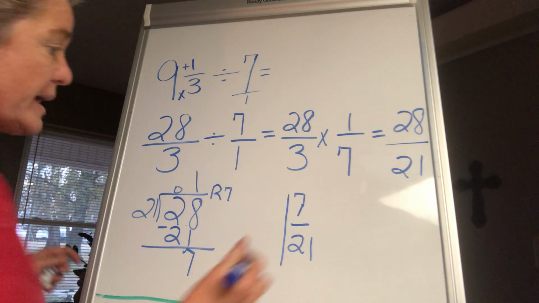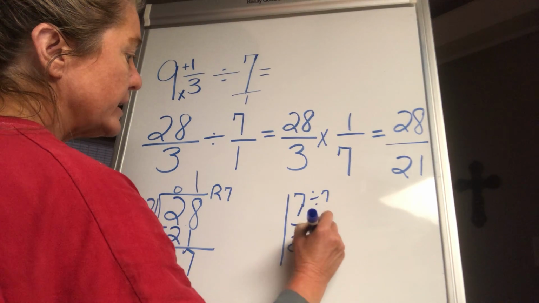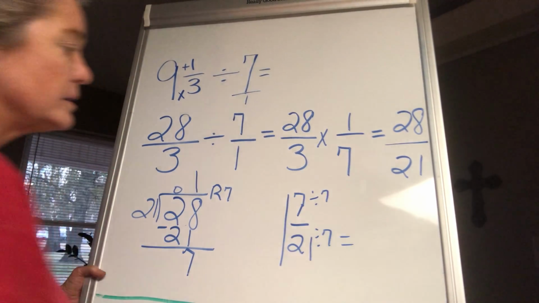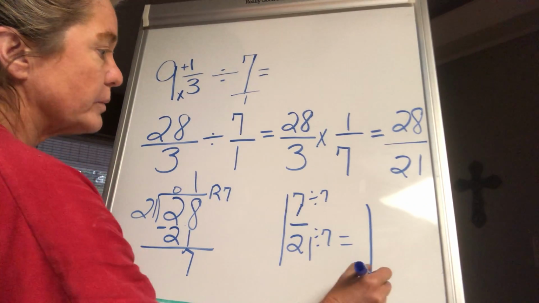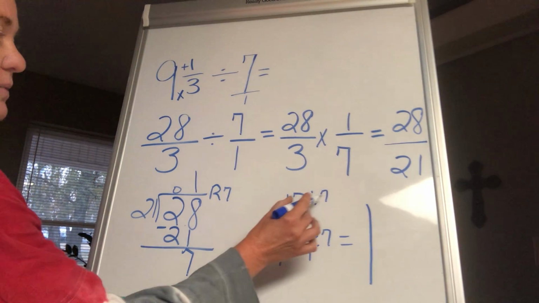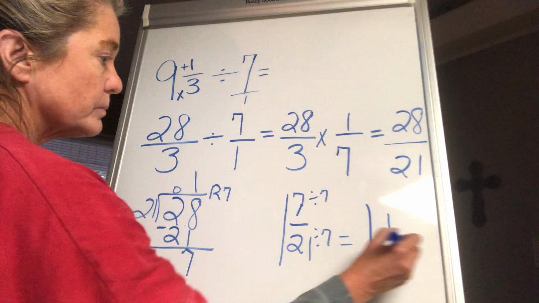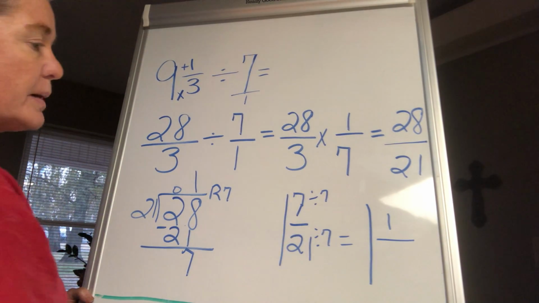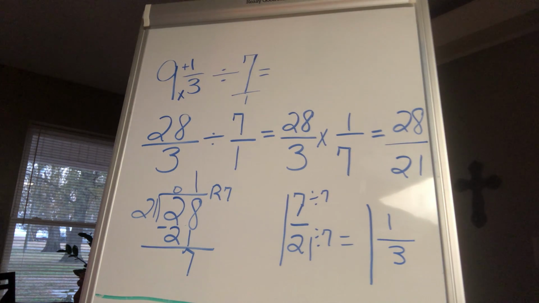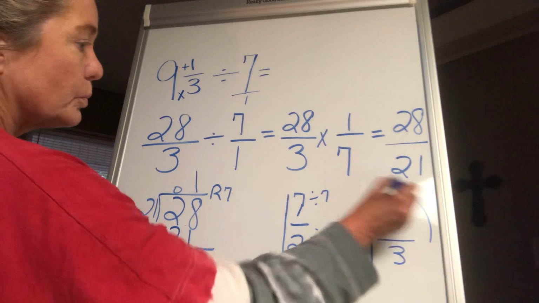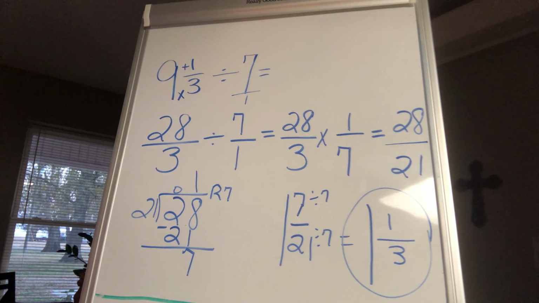Oh, quick math facts. I know that I can divide each one by 7. It doesn't change this whole one, does it? We still have that whole one. 7 divided by 7 is 1. 21 divided by 7 is 3. So how much would go in each bag? 1 1/3 pound.